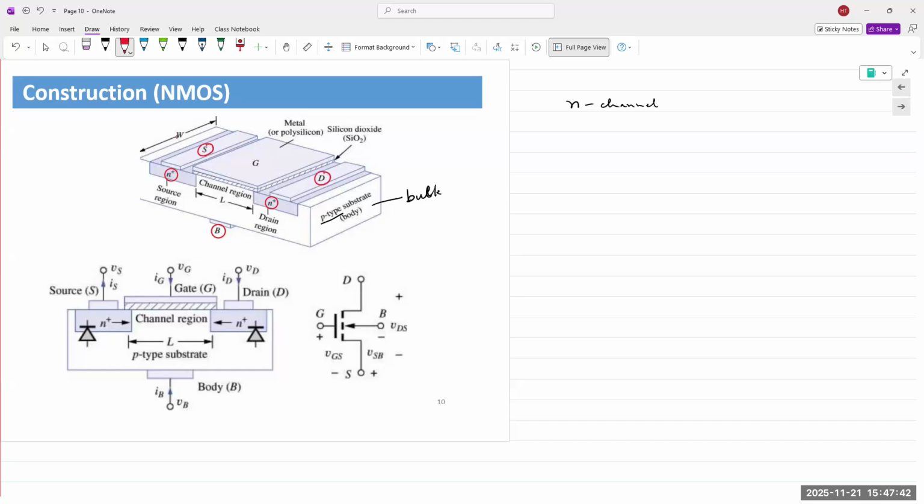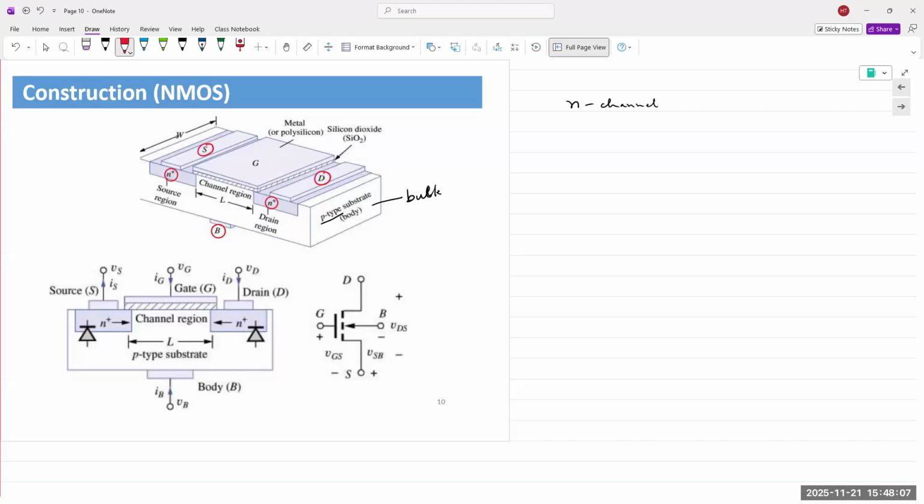And the two regions are labeled as N plus, just to indicate that they have a higher doping level than the P-type substrate. So far, so good.